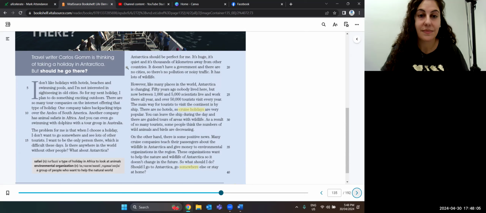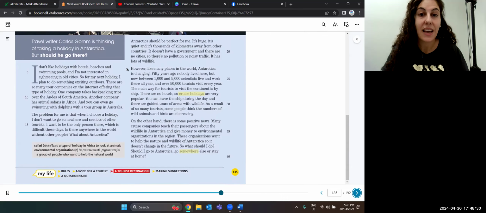It doesn't have a government, and there are no cities. So there's no pollution or noisy traffic. It has lots of wildlife.